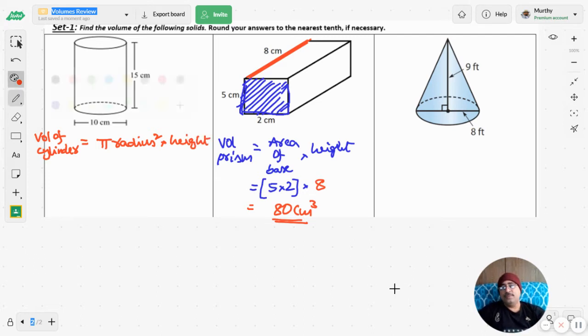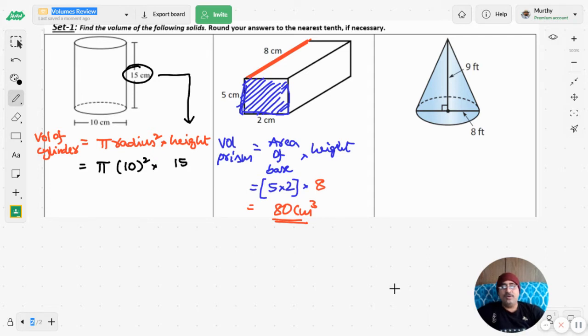Okay, so pi, let it be pi only, because most of the time we express the final answer in terms of pi. And the radius square, it is 10 square times height, which you can see is 15.